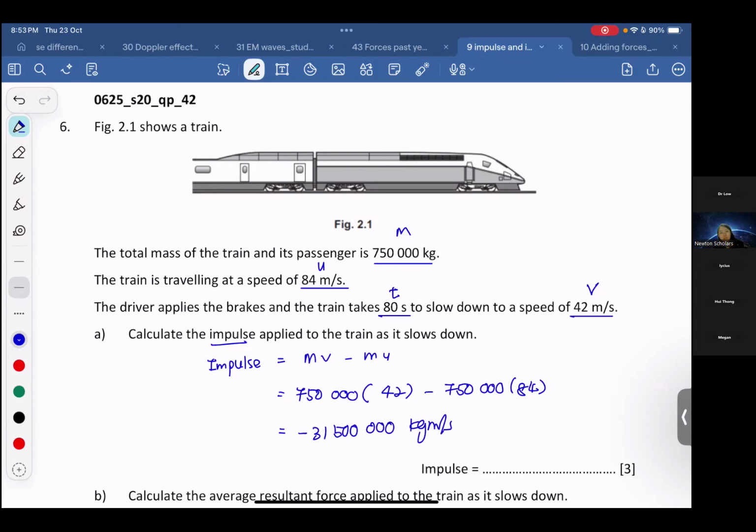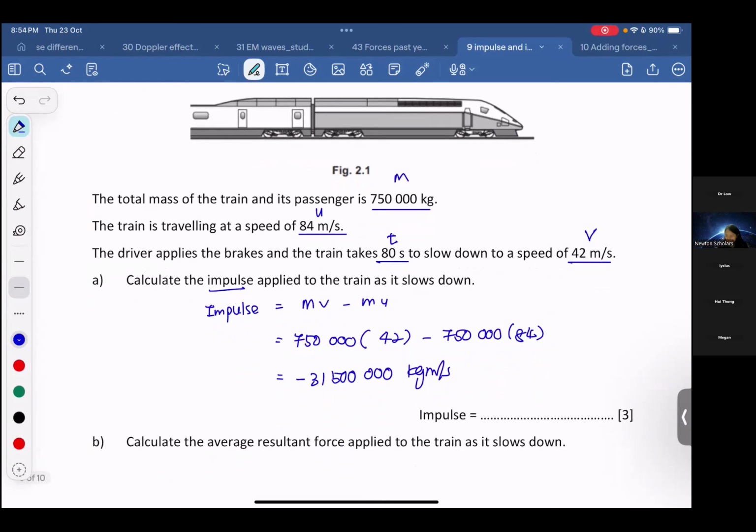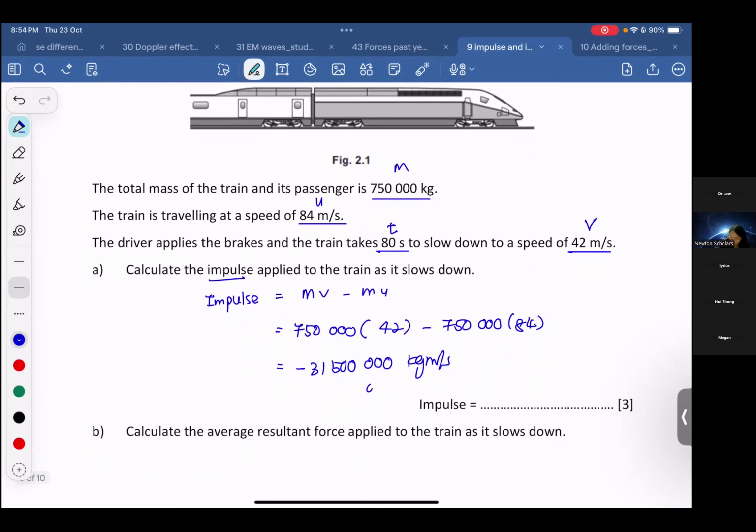Are the working steps the same as mine? Hui Tong says same as me. So you guys probably didn't press your calculator correctly. Check again. It can be kg meter per second or Ns.